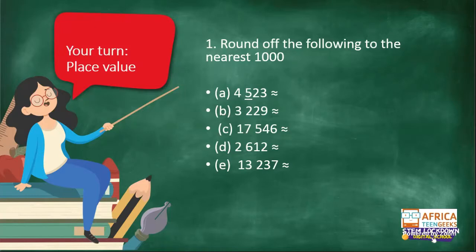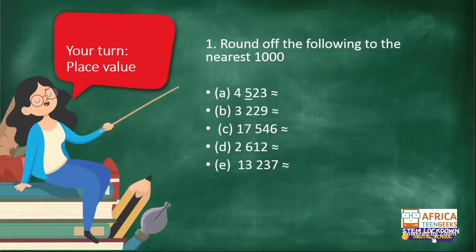For D, okay, Matlodi, you have 3,600. Oh, okay, you're answering D. For D, we have 2,612. So the number that we'll look at is 600, according to Matlodi, and then we will round up to 3,000.